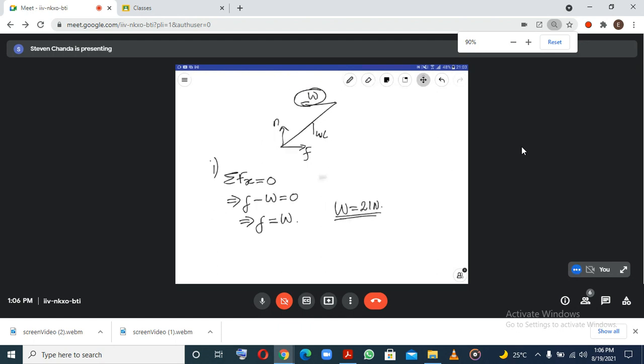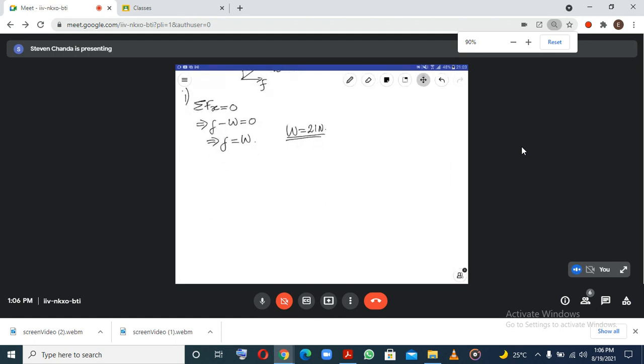So now let's use the vertical forces. What are the vertical forces? We have the normal, and then we have the weight of this ladder, isn't it?